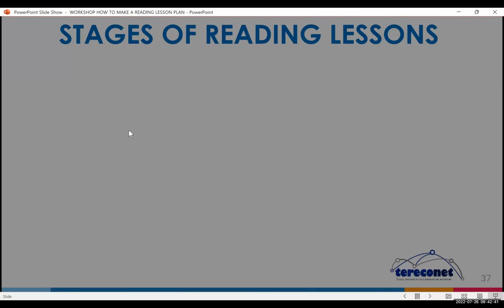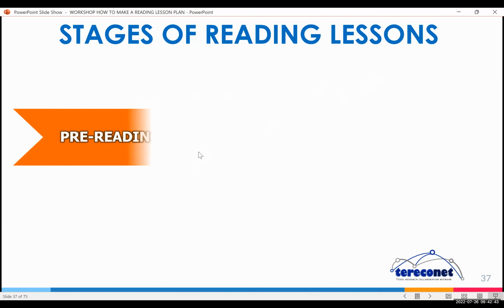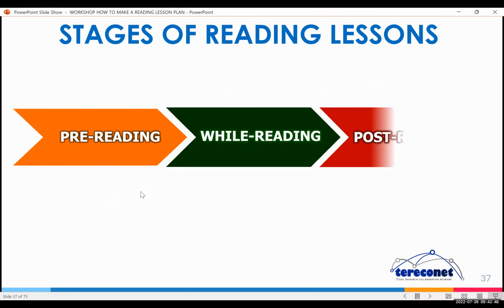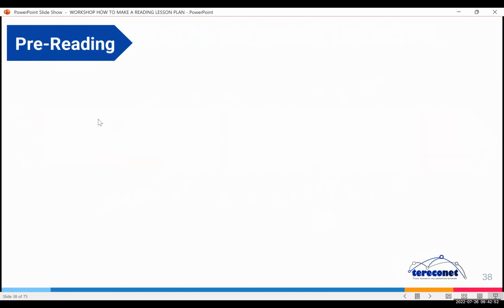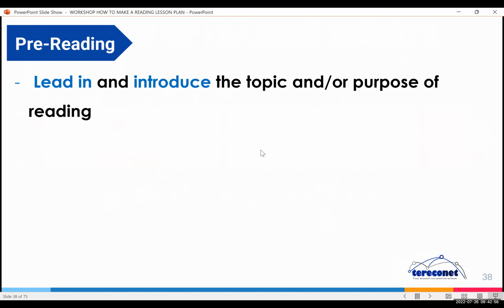So now I go to the stages of the reading lesson. We will start with pre-reading, followed by while-reading, and finally post-reading. But before we teach them something, we need to arouse their interest. So pre-reading usually starts with a lead-in activity. We lead in the topic, introduce the topic, or introduce the purpose of the reading.